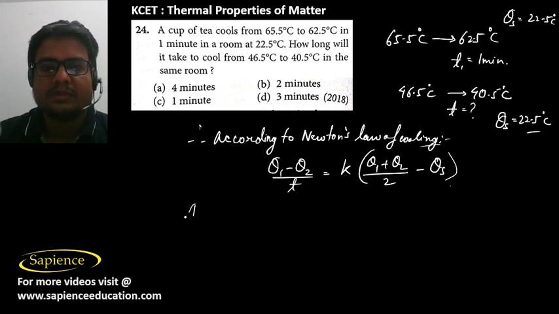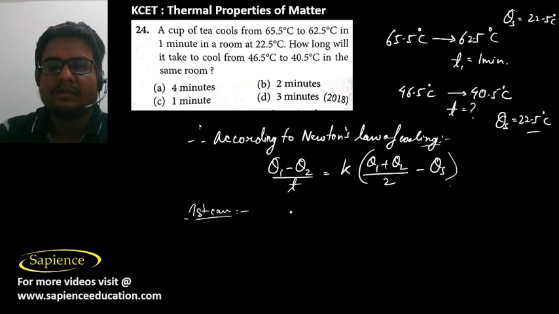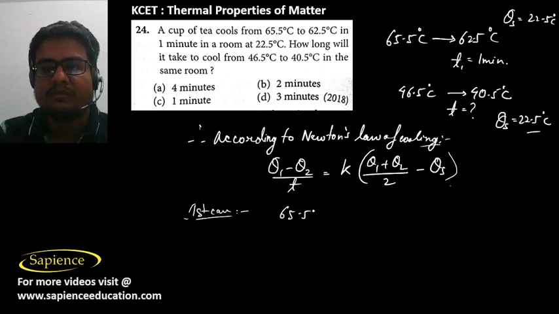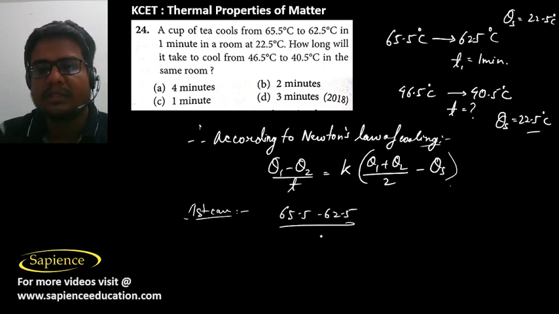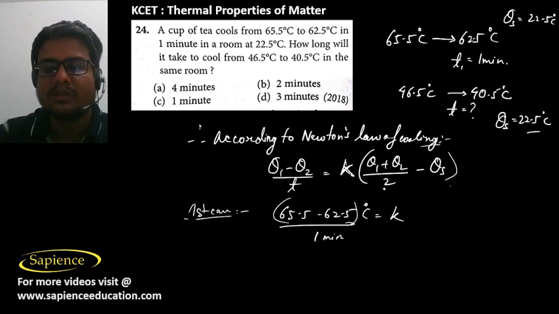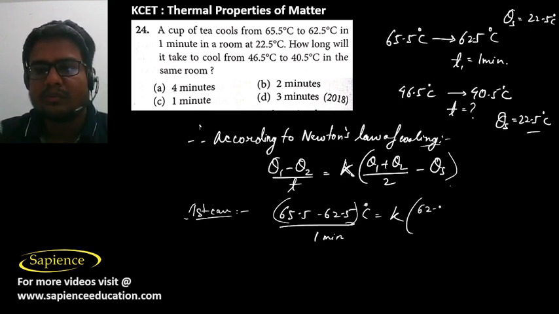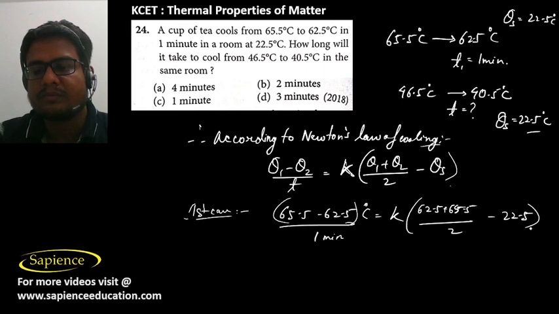So in the first case, we have 65.5 minus 62.5 divided by t1, that is 1 minute, in degrees Celsius, equal to k, which is the constant in Newton's law of cooling, into (62.5 plus 65.5) divided by 2 minus theta s, which is 22.5.